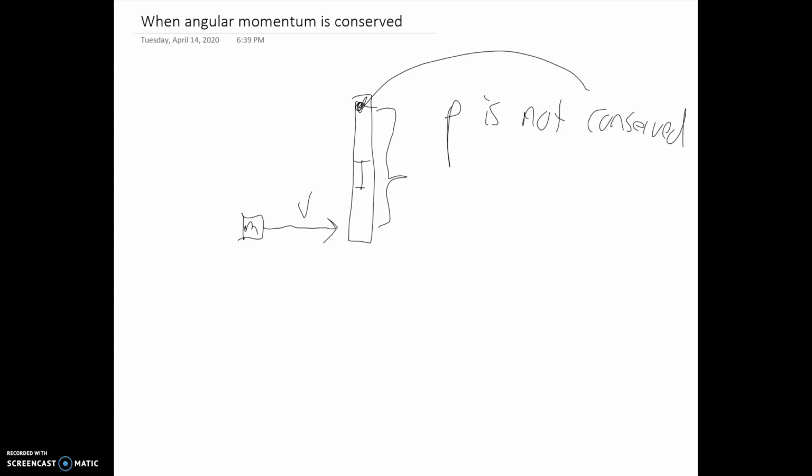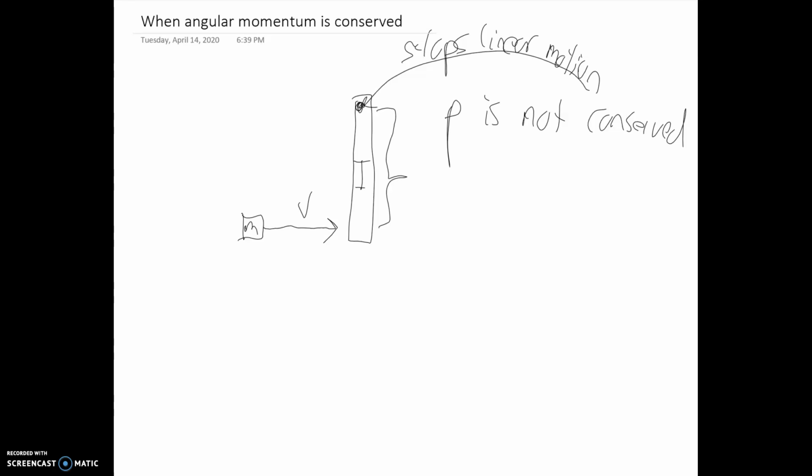So in this case, we actually have something that stops it from moving forward. It's going to stop the linear motion. It's going to actually put an impulse on the bar when you try to move it forward because it's connected to the ground. So that's not going to be conserved.